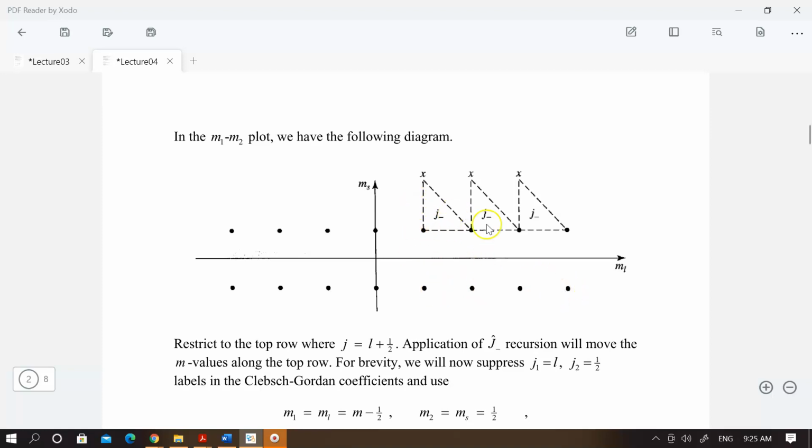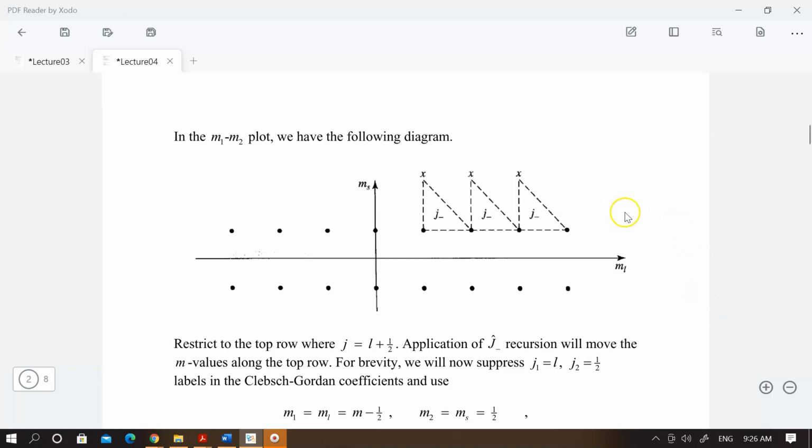The number of columns here depends on your J1, your L state. As I mentioned earlier, you can now get a relationship between different M1, M2 states by applying your ladder operators.